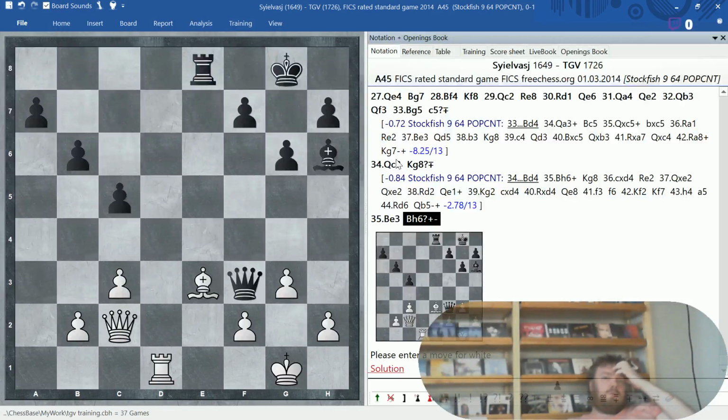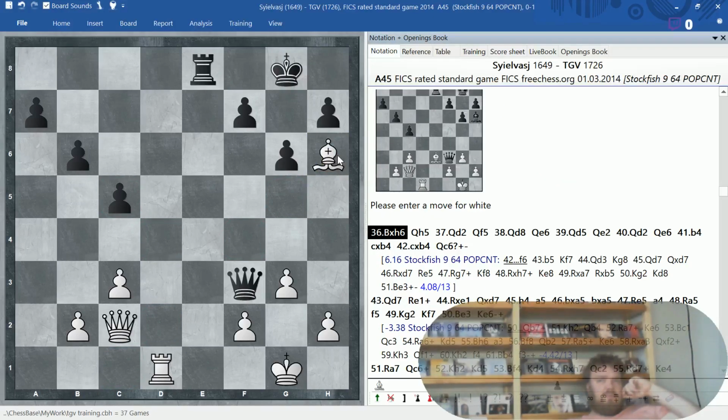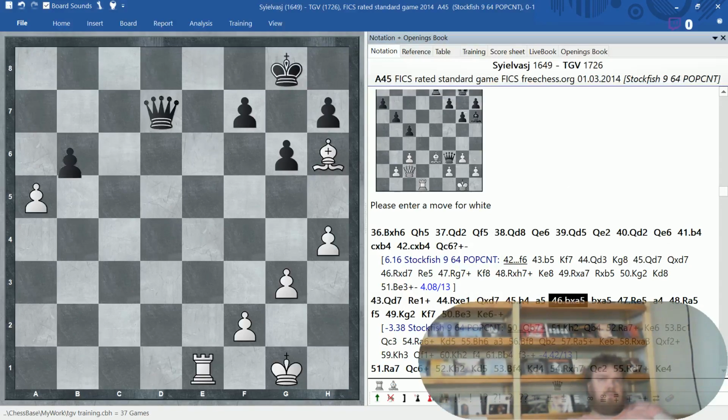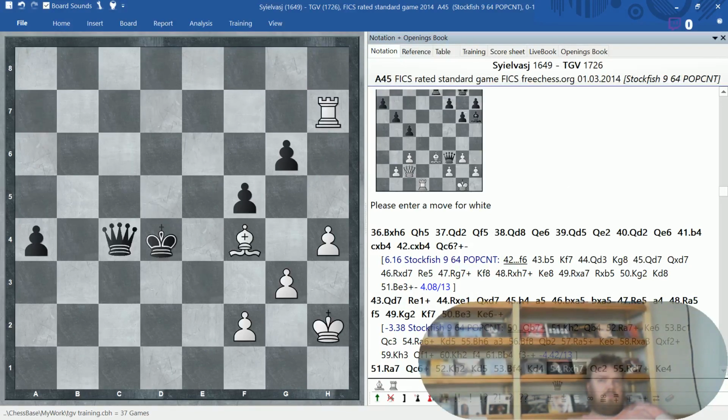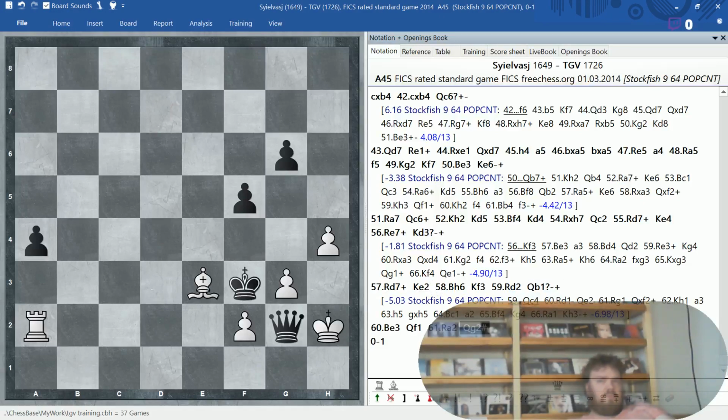Okay. Please enter move for white. Don't understand. Okay.